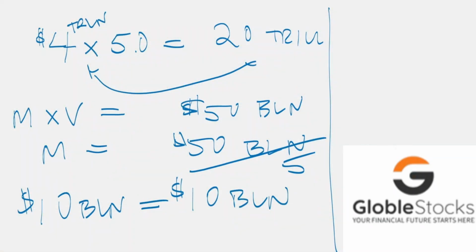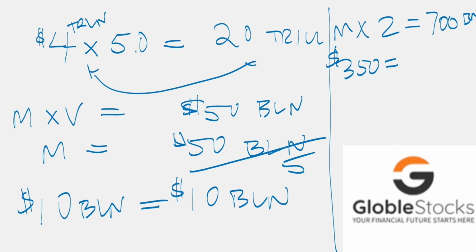So a quick assumption is that the velocity is 2, and the gold market, which is 10% of 7 trillion, would be 700 billion. So the Bitcoin needed would give you a $350 billion market cap, because you take 700 divided by 2.